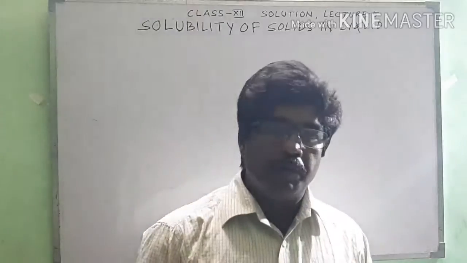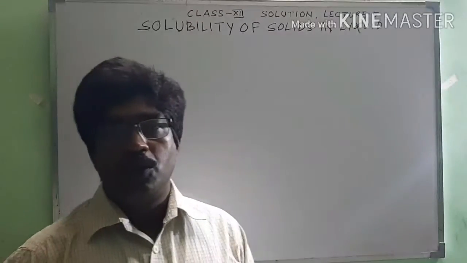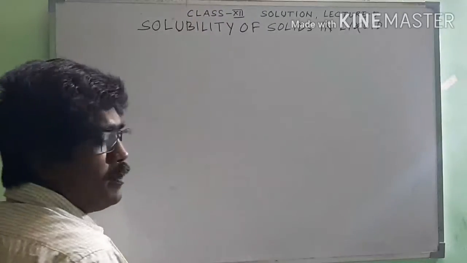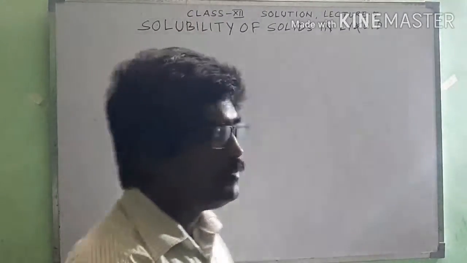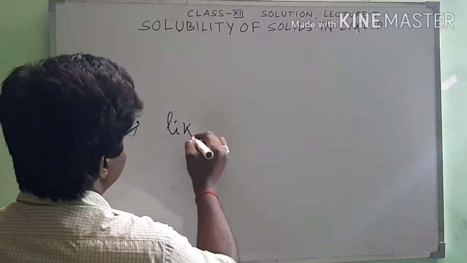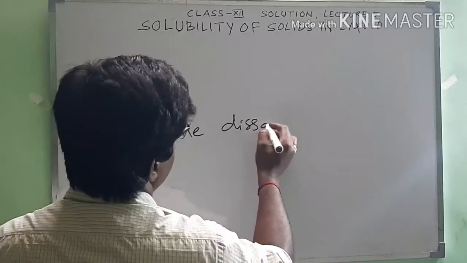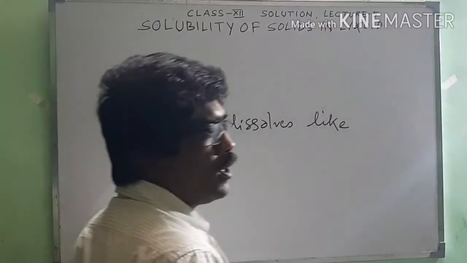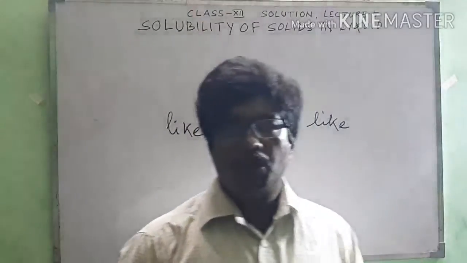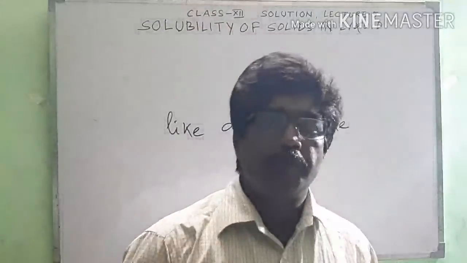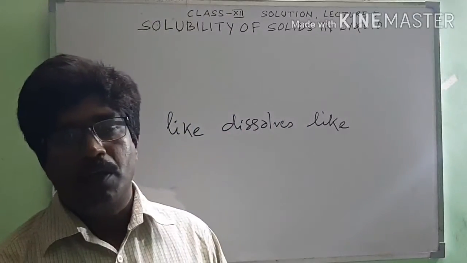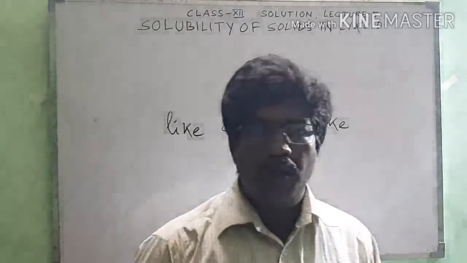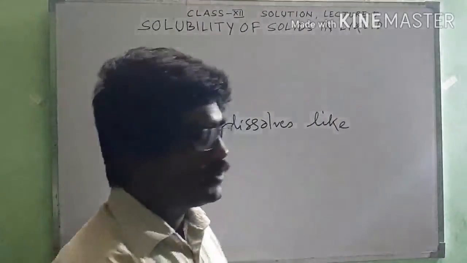The non-ionic compounds dissolve in non-polar solvent. So, one point to be remembered: like dissolves like. Polar solvent is required for the ionic compounds and non-polar solvent is required for non-ionic compounds.